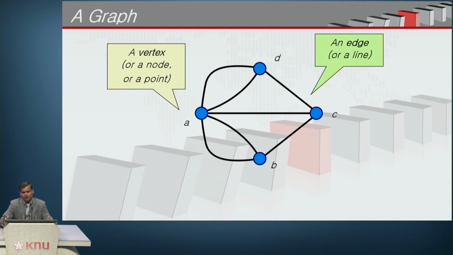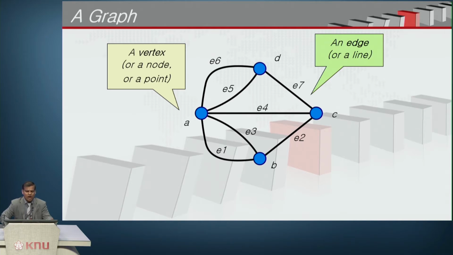In our course we are going to use the term edge to refer to these lines. How many edges are there? There are 7 edges, named E1, E2, E3, E4, E5, E6, E7.